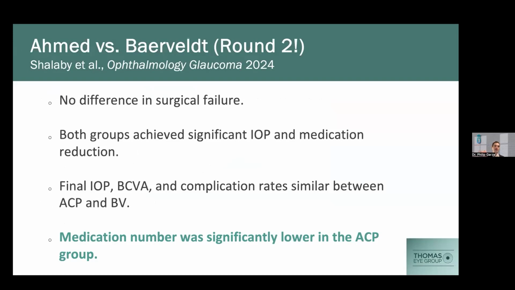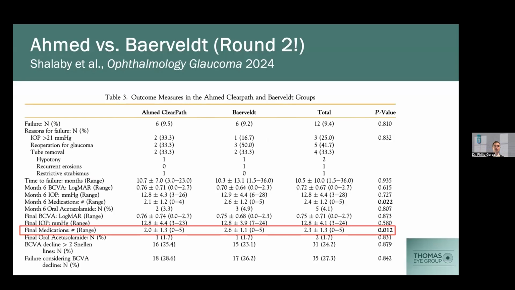The interesting thing about this was the medication number was significantly lower in the Ahmed ClearPath group versus the Baerveldt group. Again, these are all valveless tubes, but the Ahmed ClearPath seemed to achieve a lower final medication dependency. And you can see that in this chart. It was on average 2 meds needed for controlling pressure at the end of follow-up with an Ahmed ClearPath, 2.6 in the Baerveldt group.